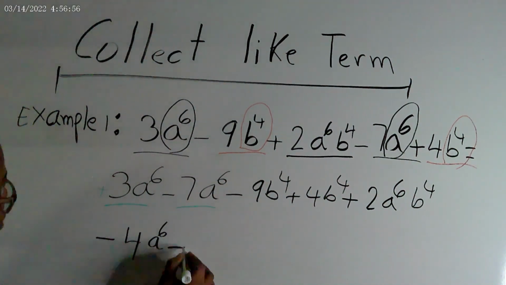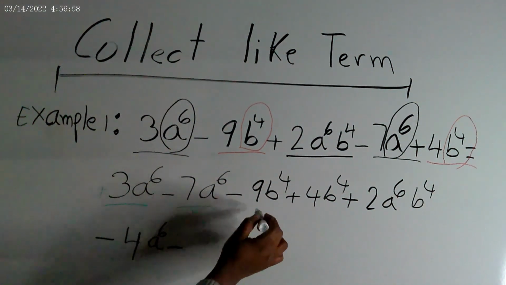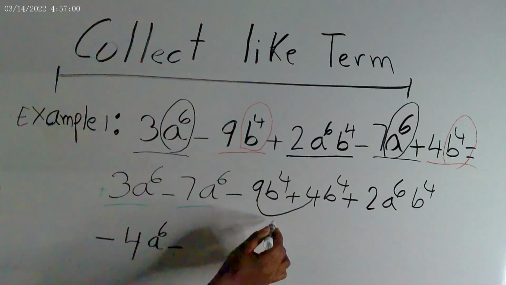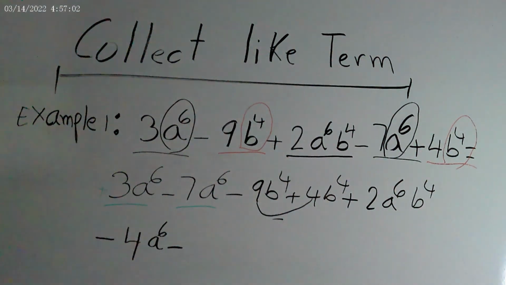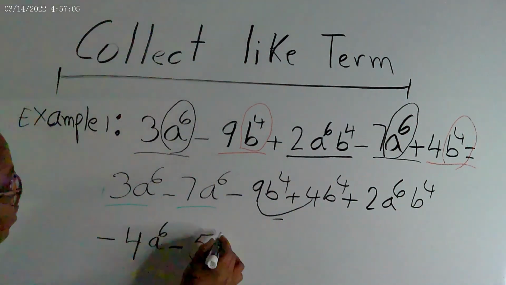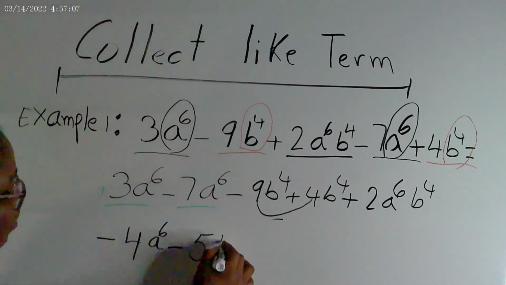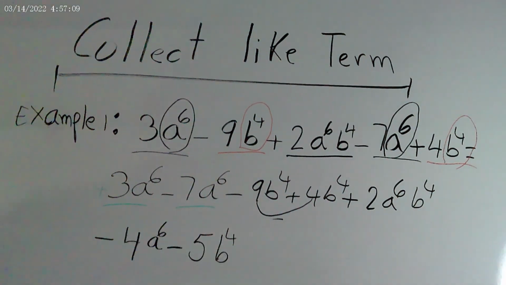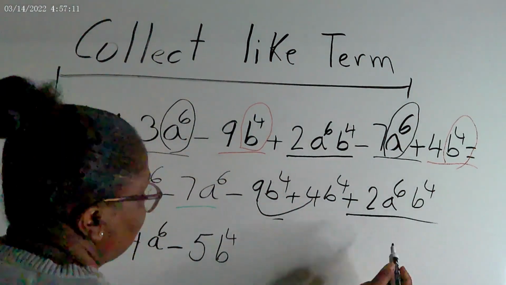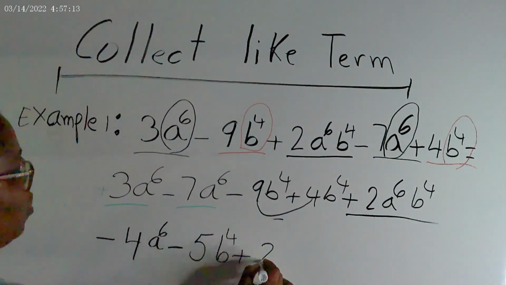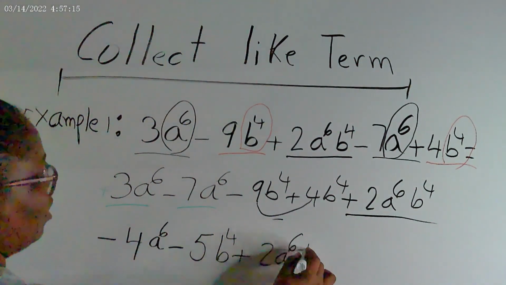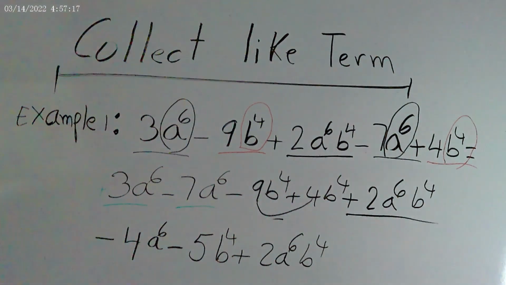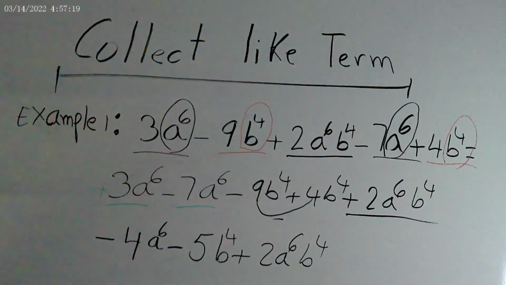So you have minus, and you do subtraction. 9 minus 4 is 5. And then you keep the variable. And then that one just stays like this, plus 2a to the 6 b to the 4. Simple and easy. Okay? Let's do another one.